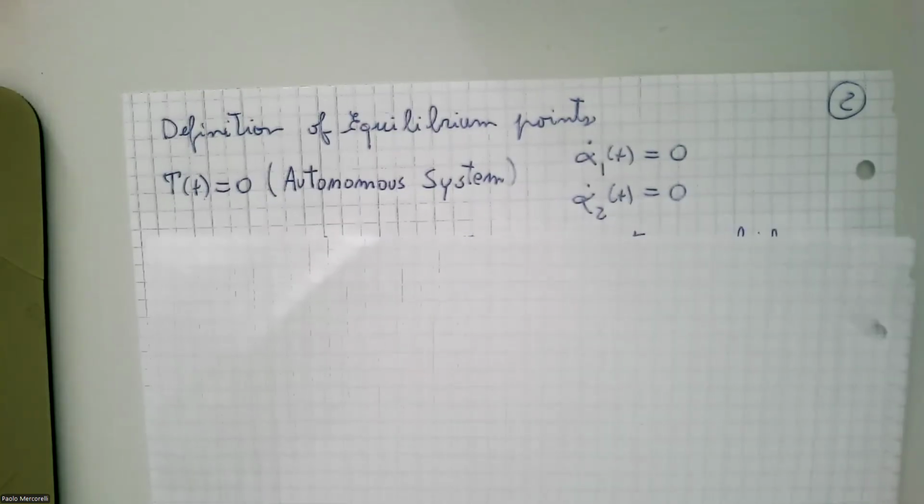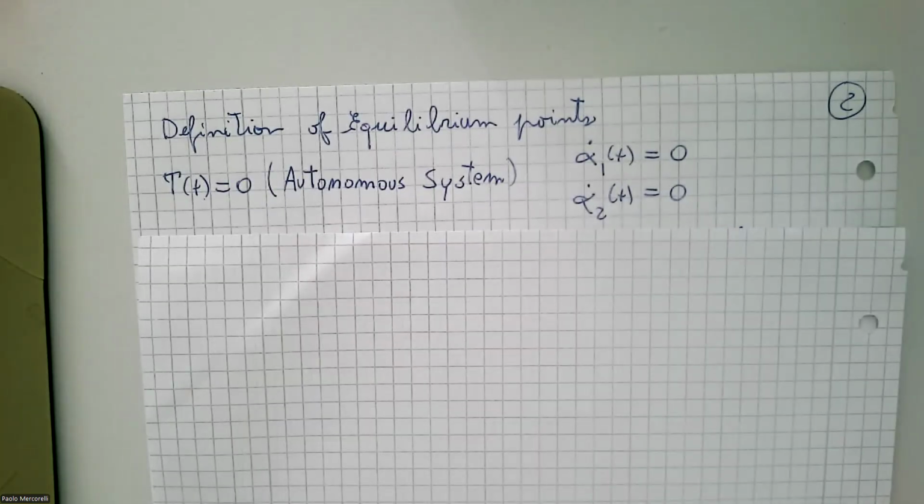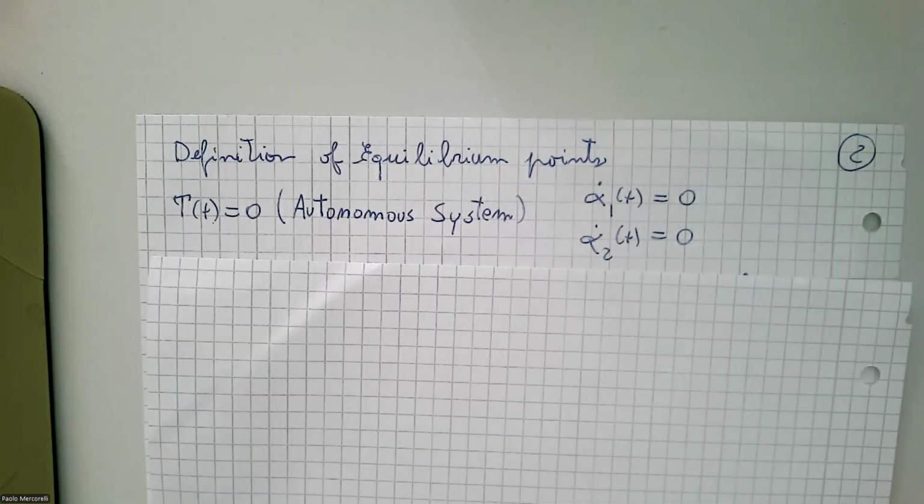Very important now is to look at the definition of equilibrium point, because we are in the presence of a nonlinear system. In control of a nonlinear system, to localize and identify the equilibrium points really allows us to evaluate the control in general.